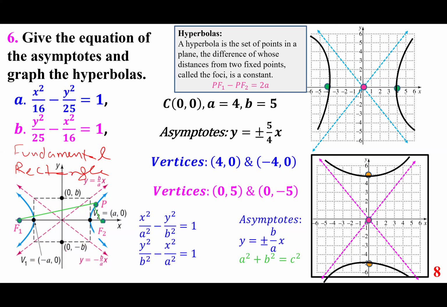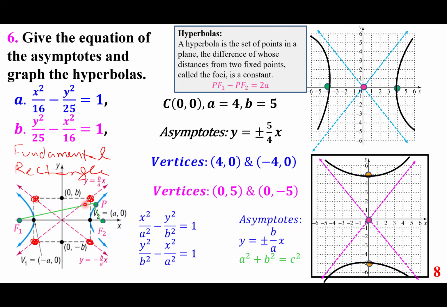They can also help you find the asymptotes. How? These are the 4 points that can give you the rectangles.